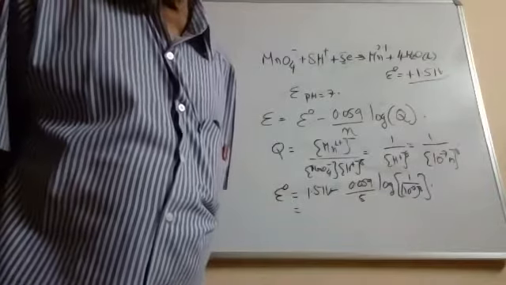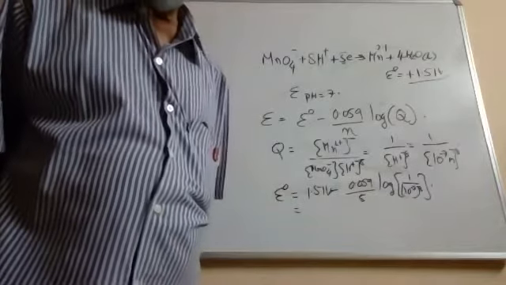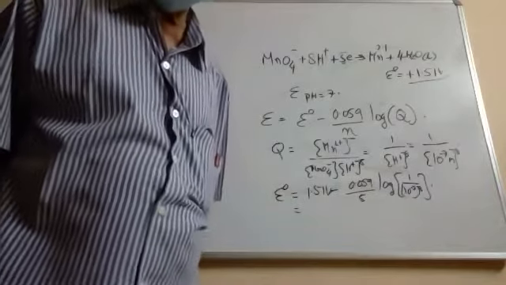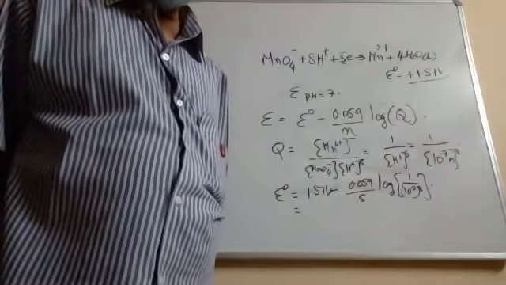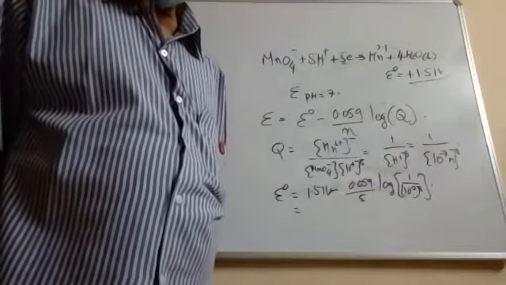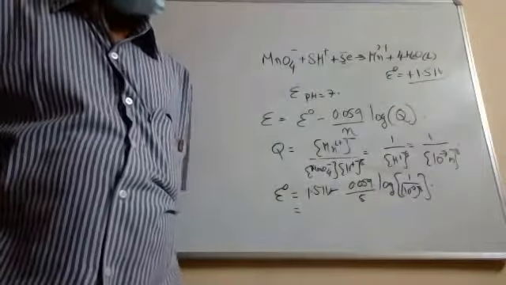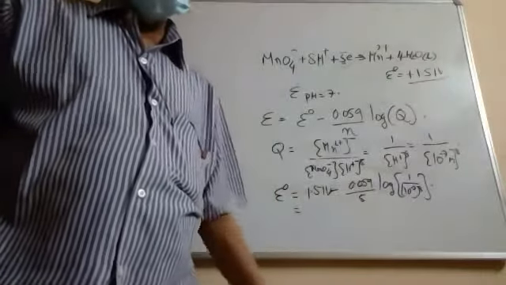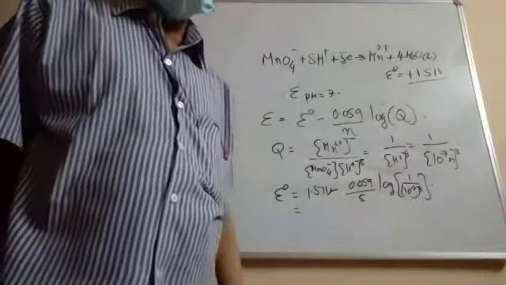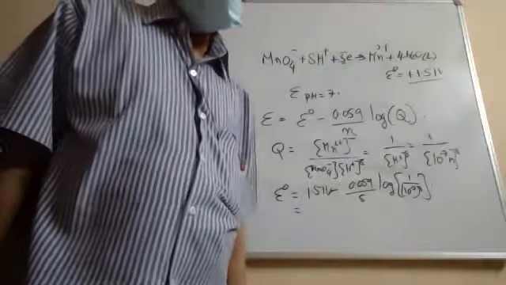Whenever you get an answer, oftentimes it's useful to know whether that answer makes sense. So first let's get the answer and then we'll rationalize why it is more or less compared to the standard state potential. So I'll give you 1 minute to finish this calculation.